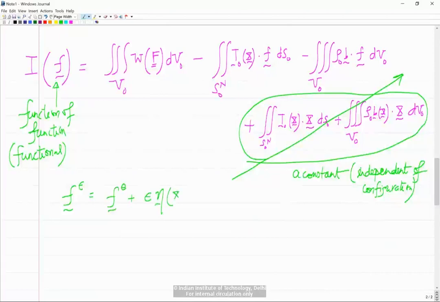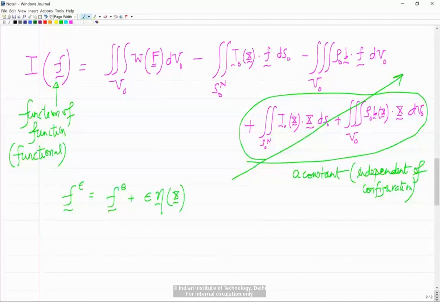Here eta is also a function of big X. So this eta is something through which you are perturbing the configuration. So you are checking for different configurations. As you change eta and change epsilon, the total configuration F epsilon is changing. And then you can see among them which is the minimum.